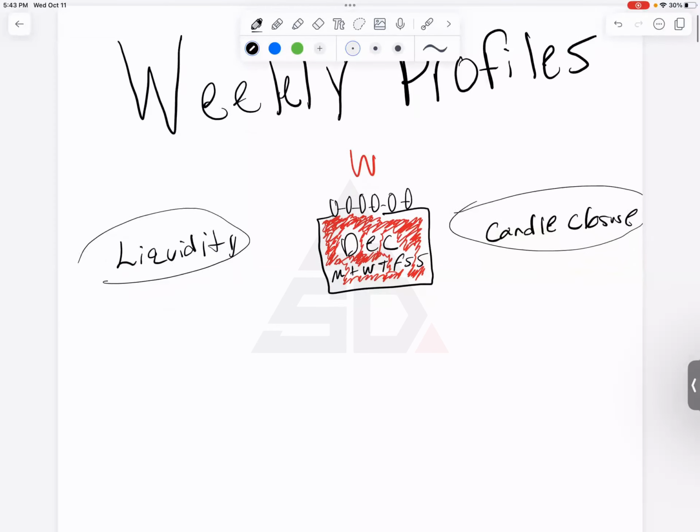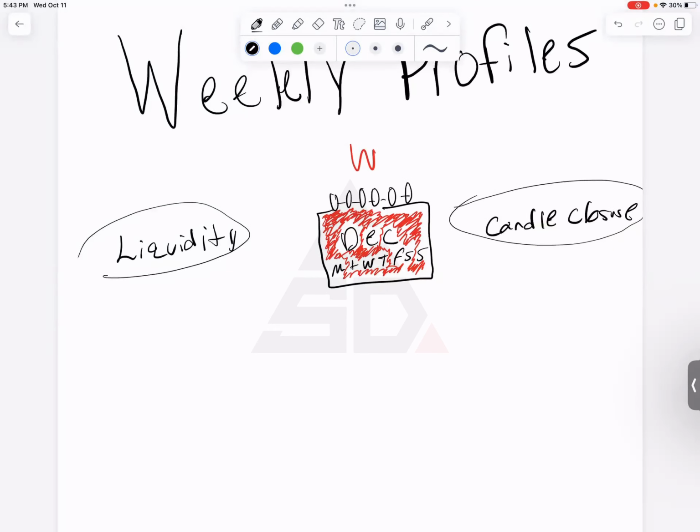When talking about liquidity, we're only focusing on two different types. Yes, there are many types of liquidity, but we're only going to focus on two for this breakdown.